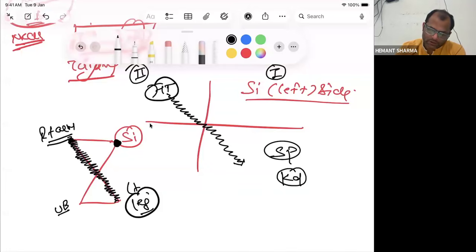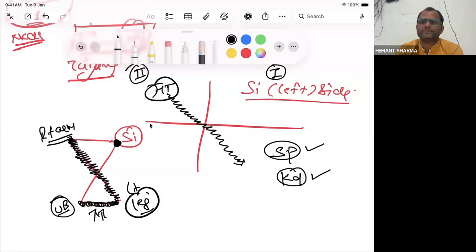Now the left leg also has a connection with the right leg. Can you see this circuit? Whichever you are choosing, that also should balance the UB. Now can you tell me, will the spleen balance the UB or will the kidney balance the UB?